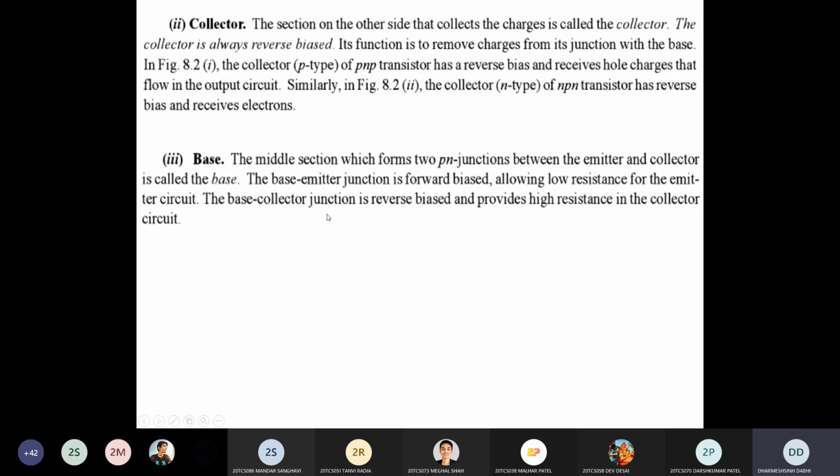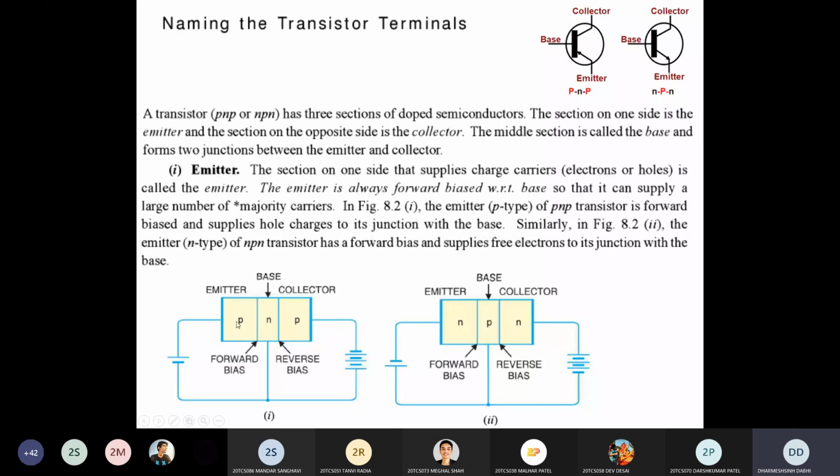Whereas the base-collector junction is reverse biased, it means that it provides a high value of resistance in the collector circuit. Clear? In short, current can easily flow from the P to N layer, but it is difficult for current to flow from the N to P layer.